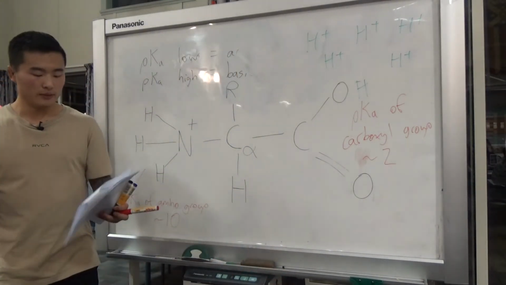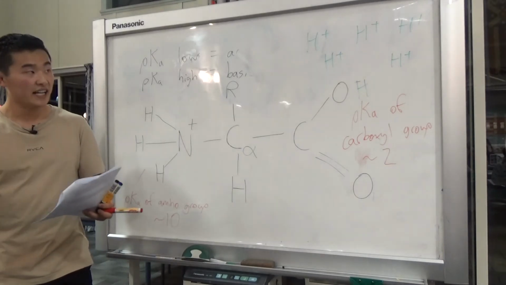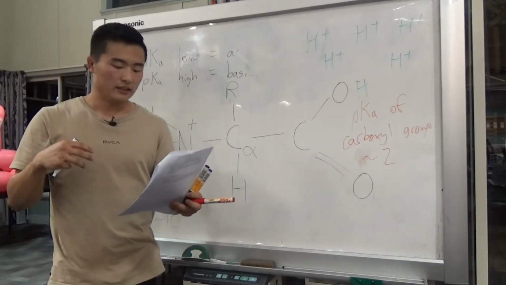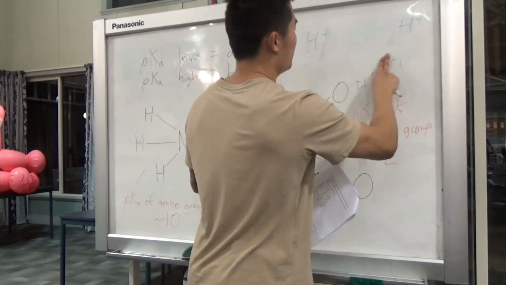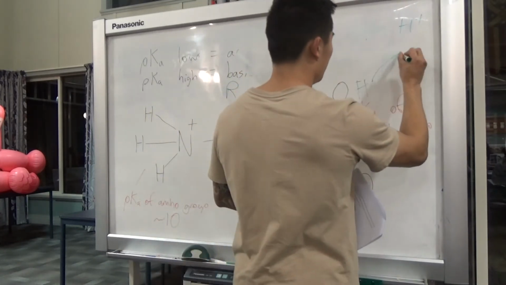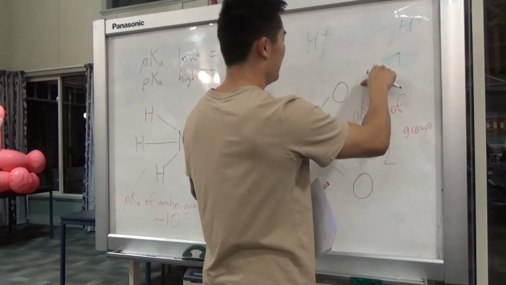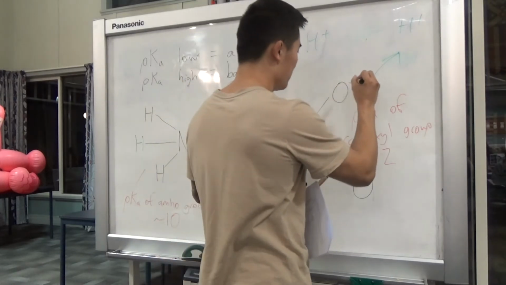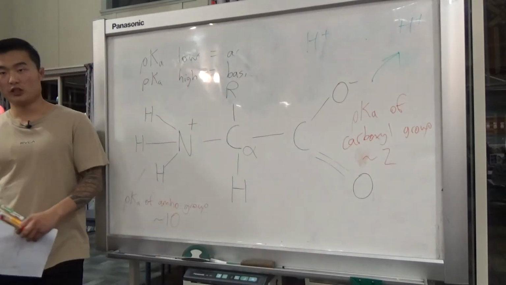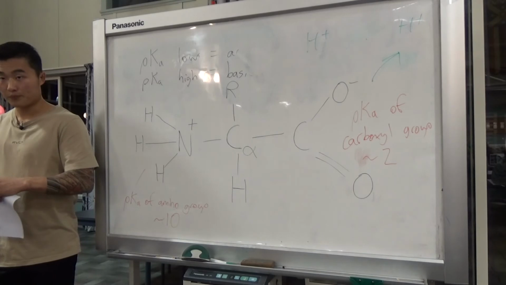Okay, but if the opposite was true, if the pH is high, that means that there's less protons in solution, so it's more likely to come off, and that means that this ionizable group is more likely to be deprotonated. Okay?